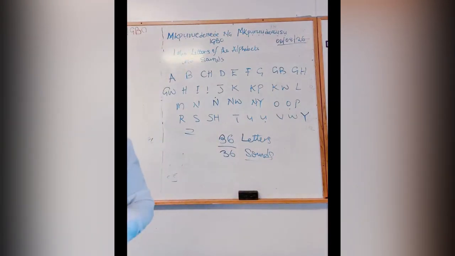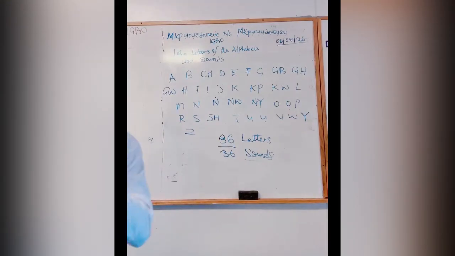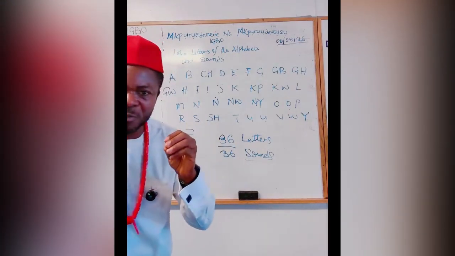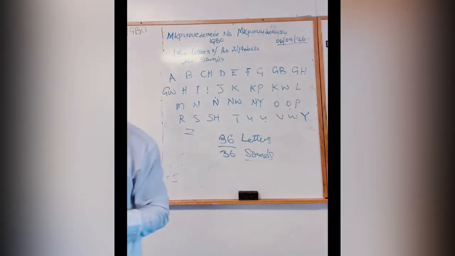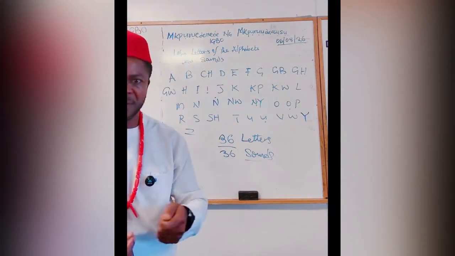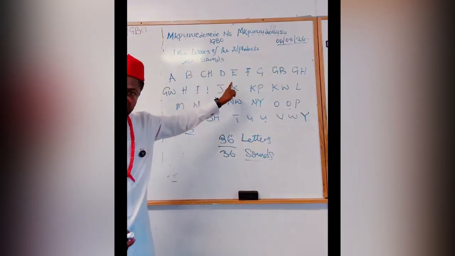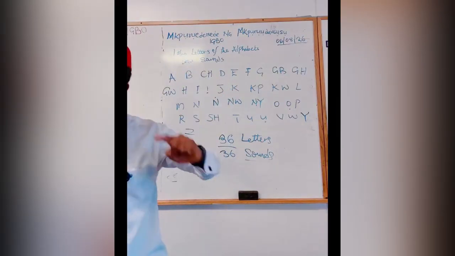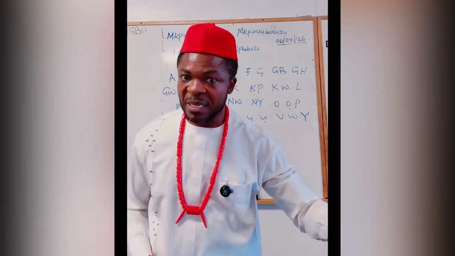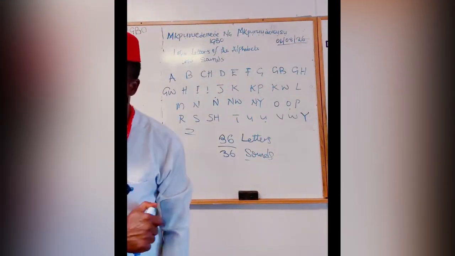We are also seeing 36 sounds of the different production sounds you can make. Okay? But there are more sounds in Igbo that we make than are represented on the Igbo orthography.